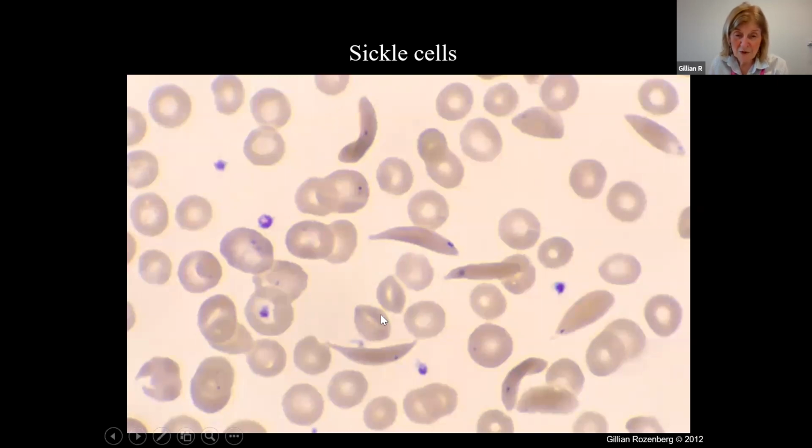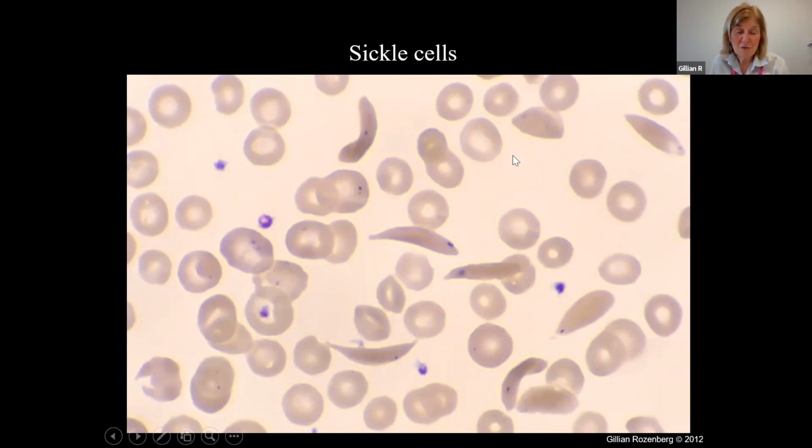Now, for those of you who are astute, some of these sickle cells have got a Howell-Jolly body in the red cell. So, for example, when these sickle cells get into the fine capillaries of the body, namely into the spleen, and they become deoxygenated, they change shape and actually block off the blood supply to the spleen.